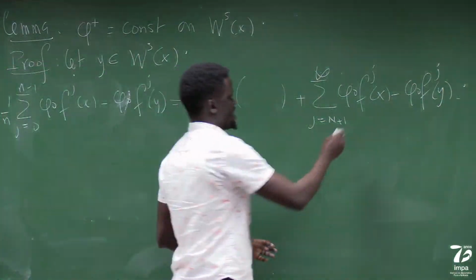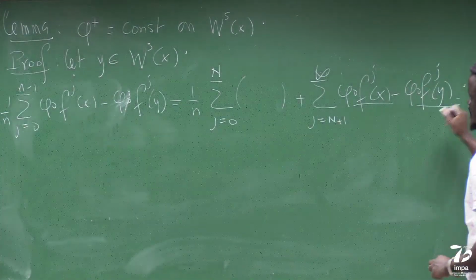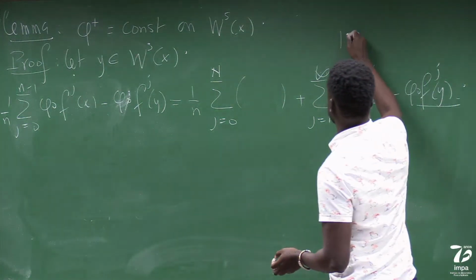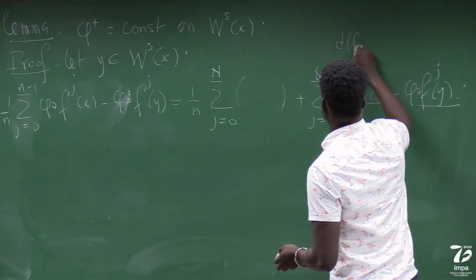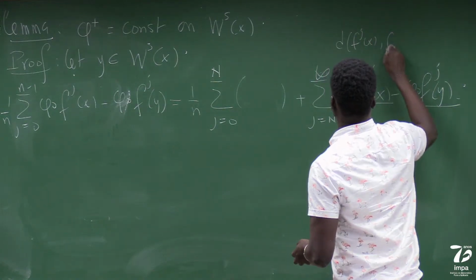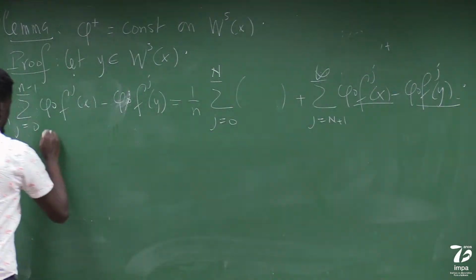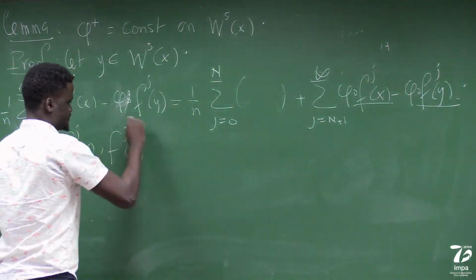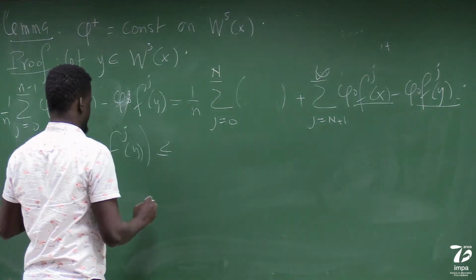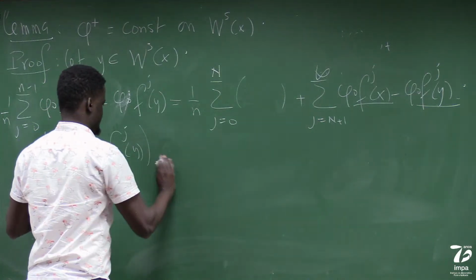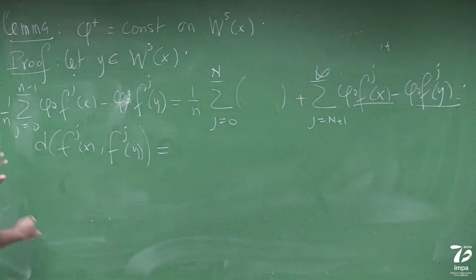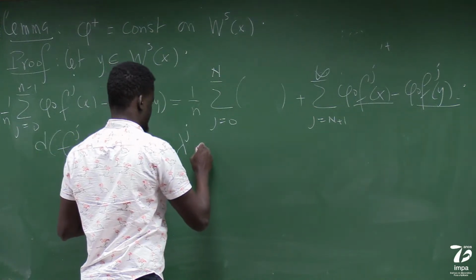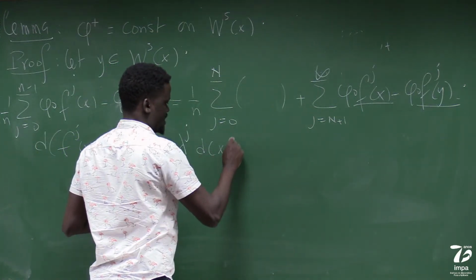So these two points are nearby. By how much? By lambda to the power j. So the distance between f^j x and f^j y, actually it is equal, I'm here on this simple case, is lambda to the j times the distance between x and y.